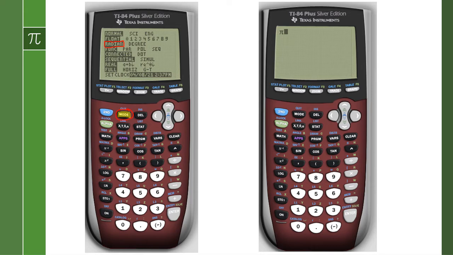The other thing that you're going to want to remember is how to get the pi symbol, and that is the second function on the caret key. So right there, if you hit second and then caret, you will get the pi symbol. We'll be using that a lot in the calculator today. So make sure that you're in radian mode, make sure that you know how to get the pi symbol. And then let's get started with some examples here.